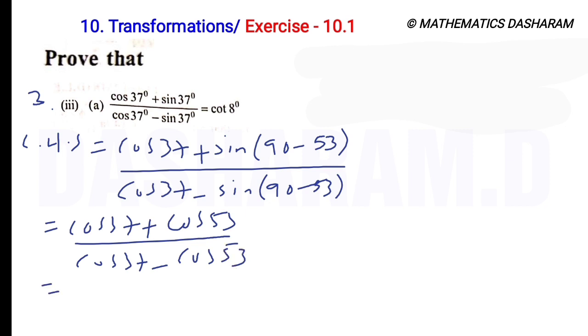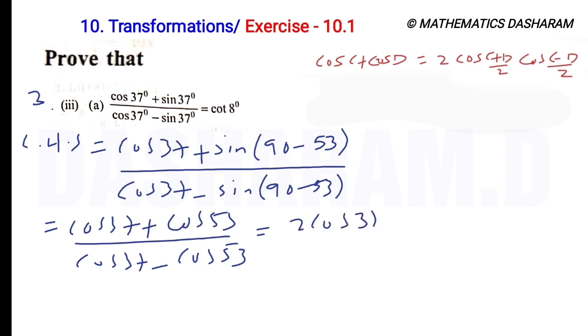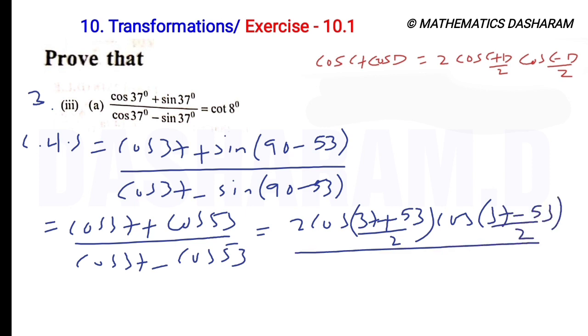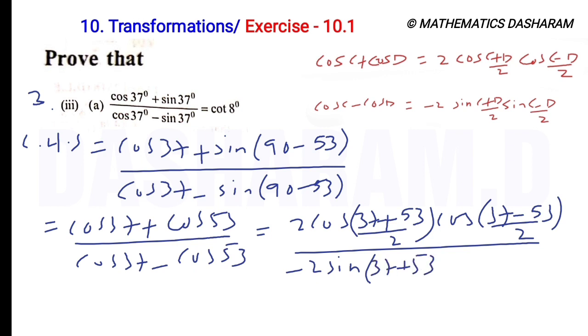So now apply, for the numerator, the cos C plus cos D formula. So the cos C plus cos D formula is 2 cos C plus D by 2, so 37 plus 53 by 2 into cos 37 minus 53 by 2, divided by the cos C minus cos D formula, minus 2 sin C plus D by 2, that means 37 plus 53 by 2 into sin 37 minus 53 by 2.